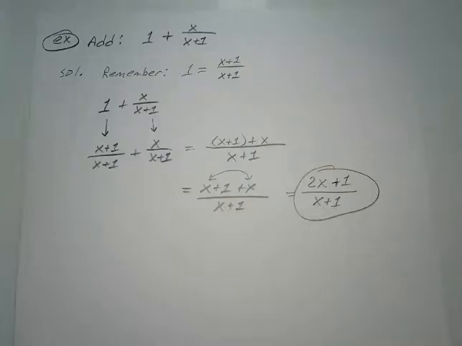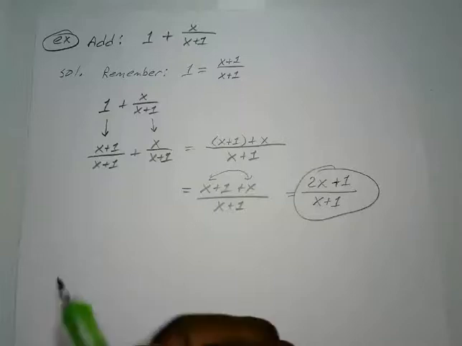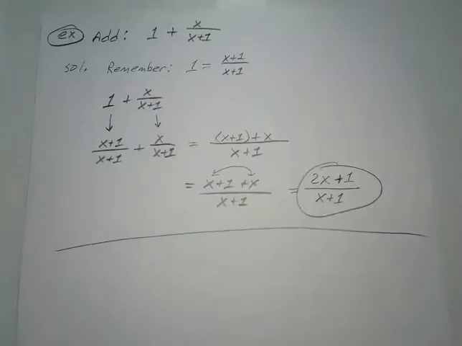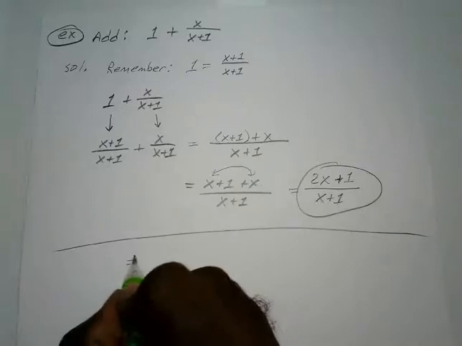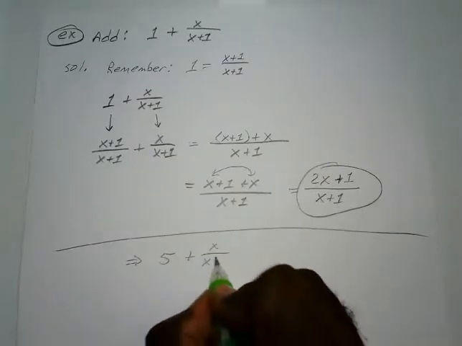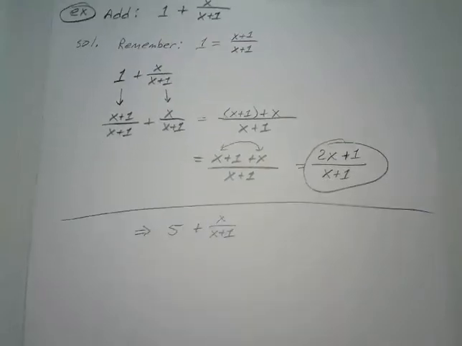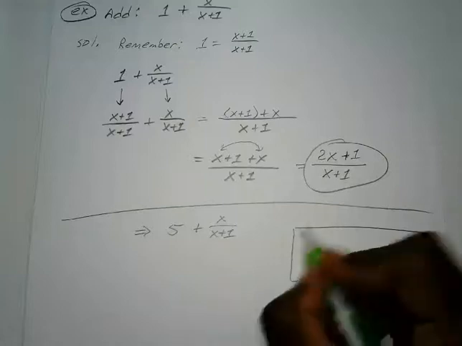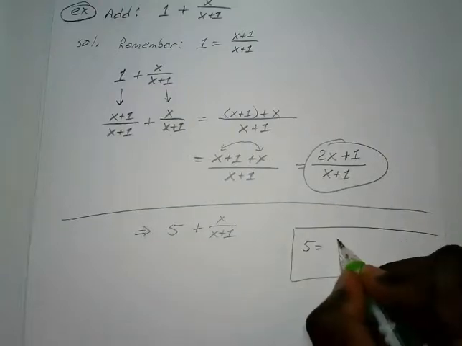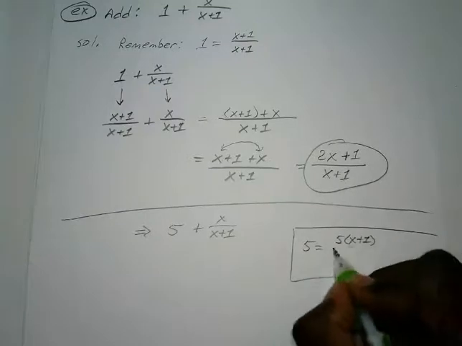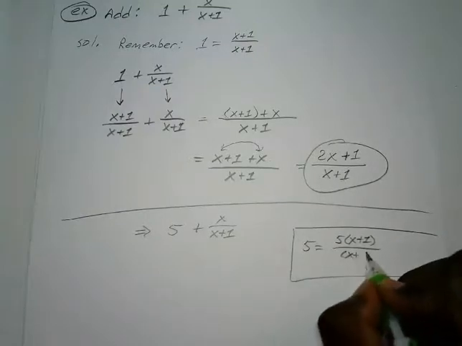Alright, so hopefully that made sense. And just as a quick little hint, if you had something like, let's say if you had 5 plus x over x plus 1, then all you'd have to do is make 5 equal 5 times x plus 1 over x plus 1.